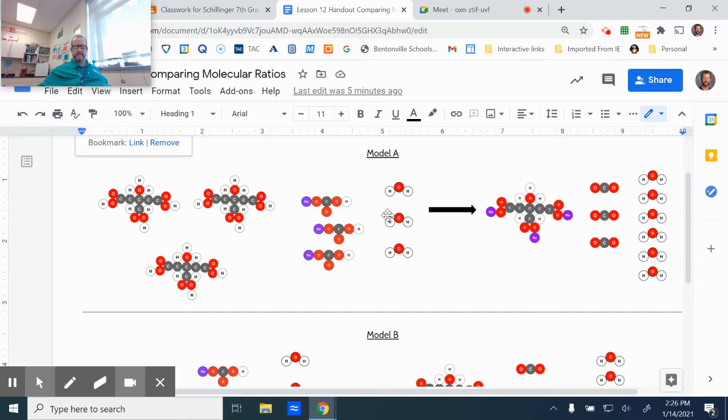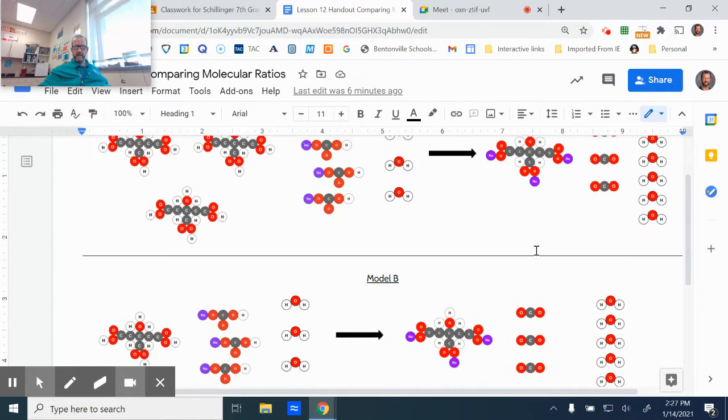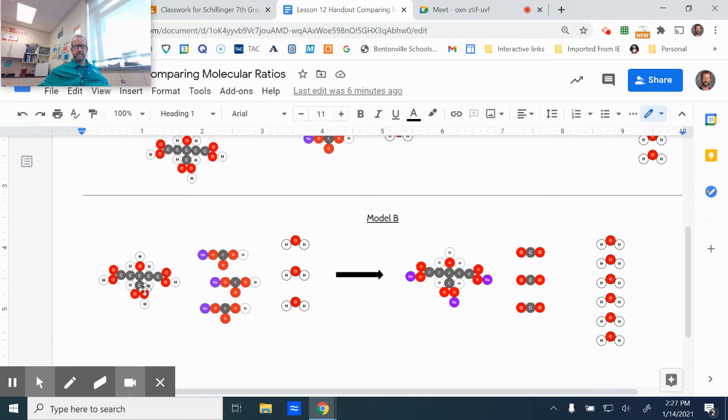So you have your reactants on the left-hand side. A yield, this means to make or to produce or to create. We have 1 sodium citric molecule, 3 carbon dioxides, and 6 water molecules.